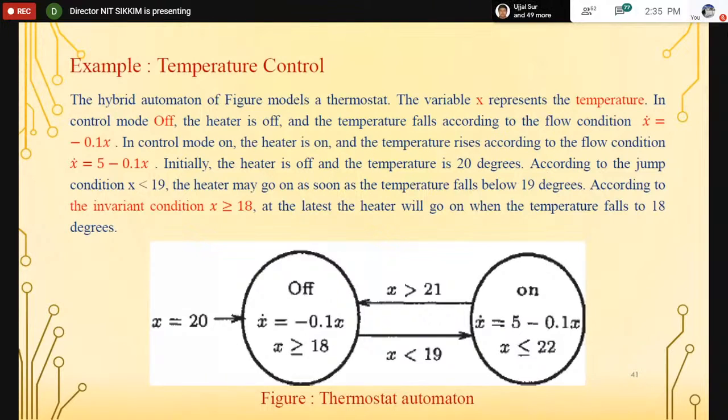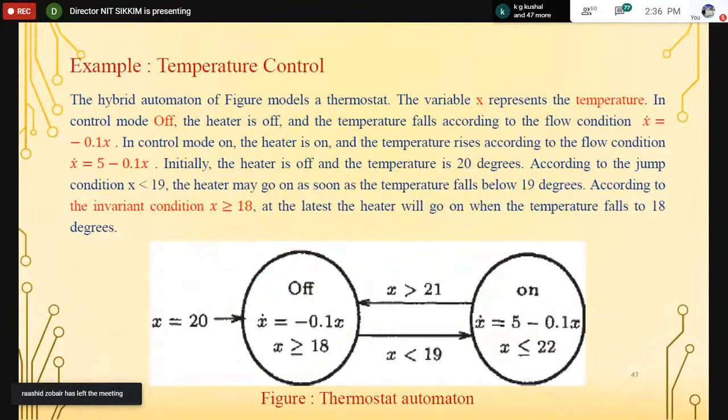So your control remains in the off state as we have said. The transition is made whenever X is less than 19, and the heater may go on as soon as the temperature falls below 19 degrees.